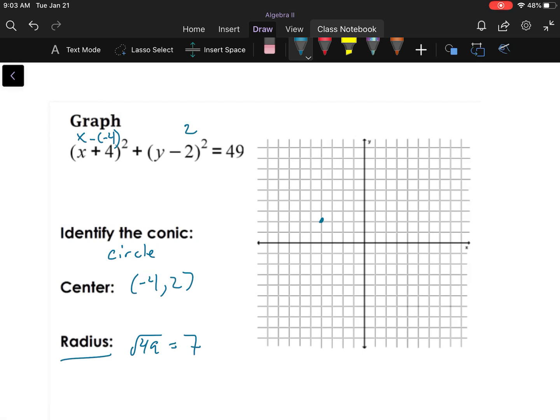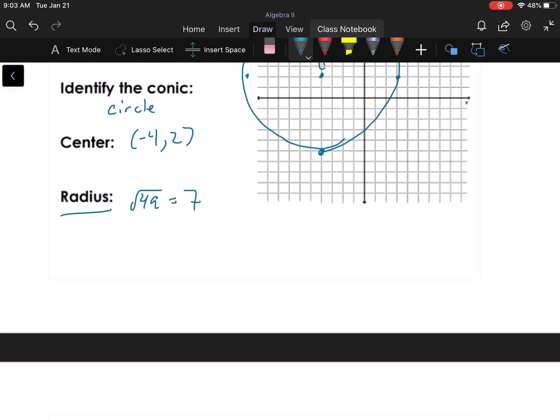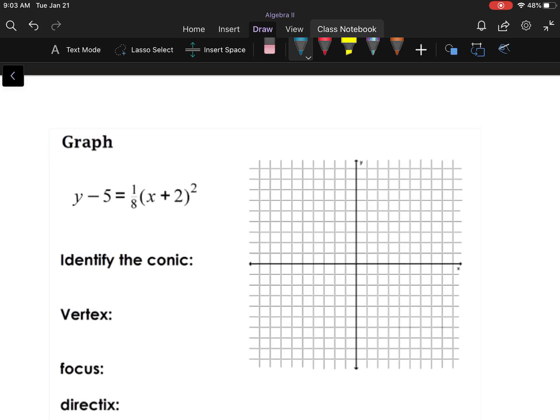So just to count off my circle radius, 1, 2, 3, 4, 5, 6, 7, and there's my center, 1, 2, 3, 4, 5, 6, 7. Each of these ordered pairs that I'm putting down are points on the circle, so they're an x and a y that would satisfy that equation. So there we go. Let's keep on translating.